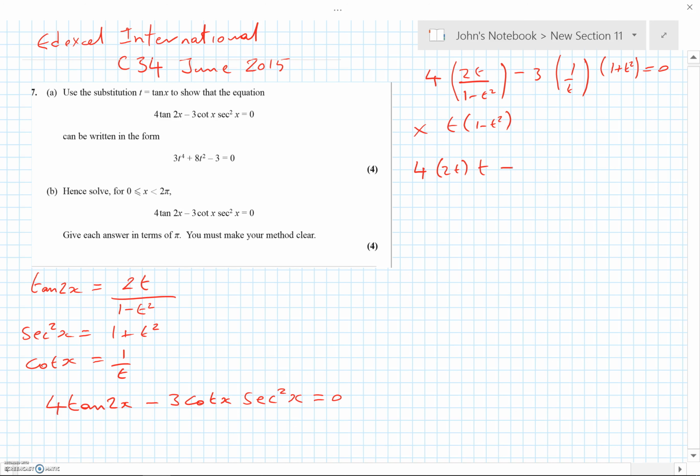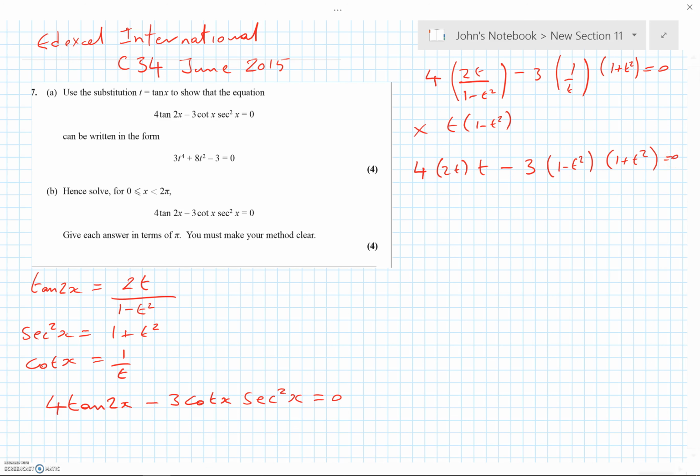The second term, the t is going to cancel, so I'm going to have 1 minus t squared times 1 plus t squared equals 0.